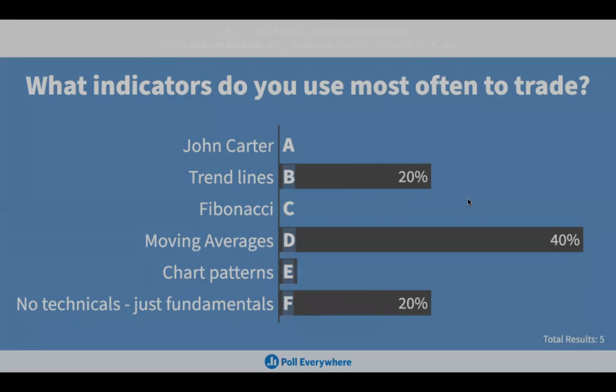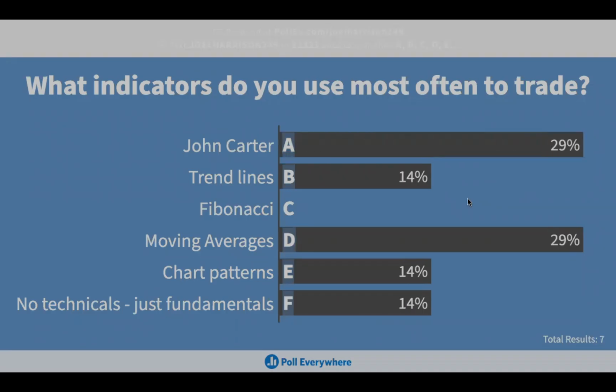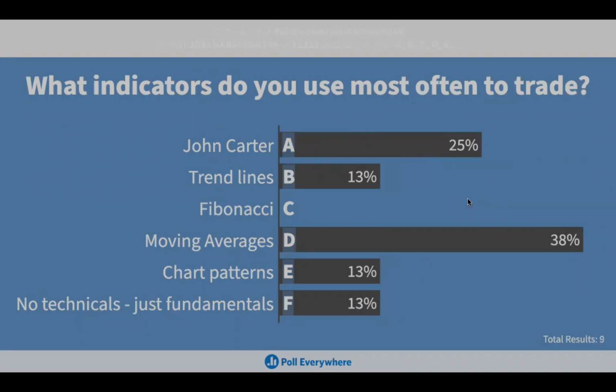I'm gonna let you in on a secret. If you're buying something and you're not holding it for longer than 12 months, you're gambling if you're not using technicals. And if you're trading options and you're not using technicals, it's literally just a matter of time before you lose all your money.